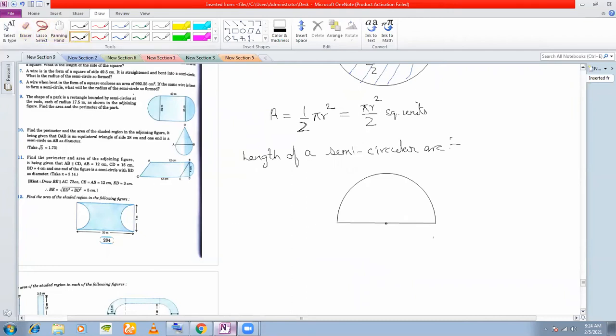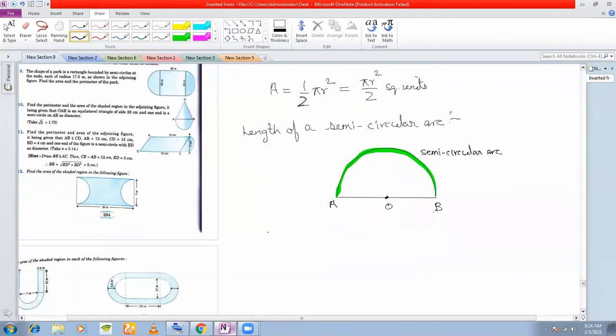I give you a semicircle with center O, diameter AB. And the question here is, what is the length of this part only? This green outline part is called the semicircular arc. What is the length of this green outline part?